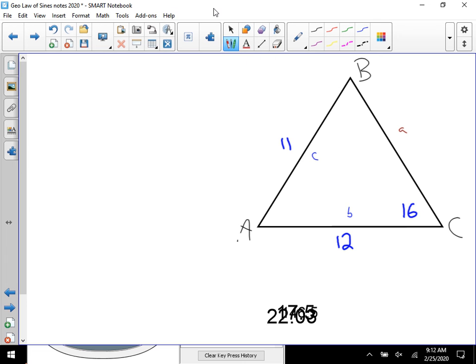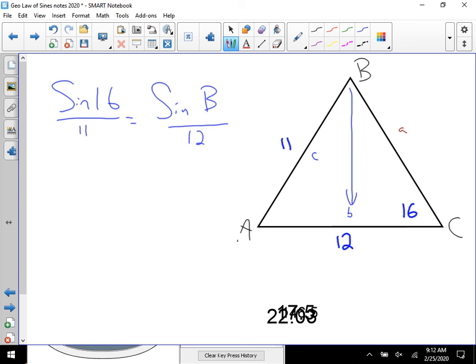So, sine of 16 is to 11, as sine of b is to 12. You can't, because you don't have any sine a. You have to go with what you're given. You're trying to find this one first because you have that.